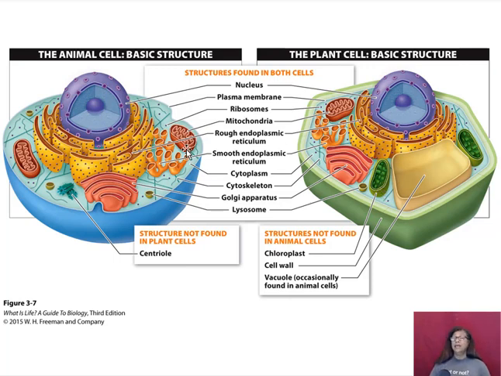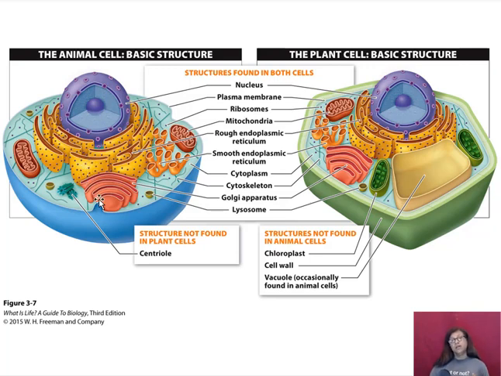Both plant and animal cells have mitochondria. These are the little batteries, the little powerhouses of a cell. And plants have them too. So plants have both mitochondria and chloroplasts in addition to cell walls. And then they will have all the other organelles that we're going to talk about in animal cells.